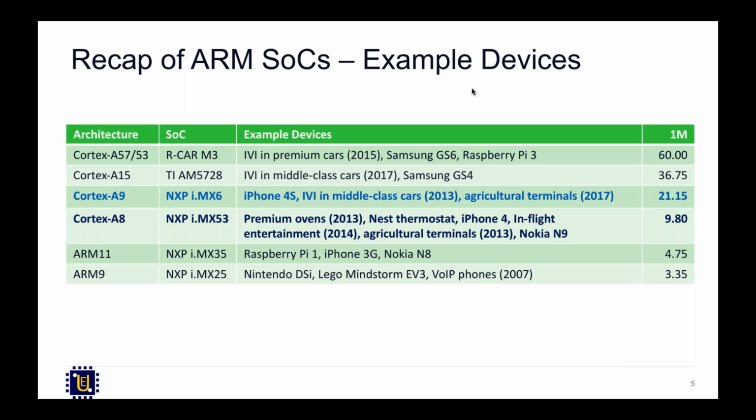The Cortex A8, so for example an i.MX53 from Freescale NXP, you find it in premium ovens in 2013, in the Nest thermostat, the iPhone 4, in-flight entertainment systems, or older agricultural terminals. So you're looking at something like 10 euros.